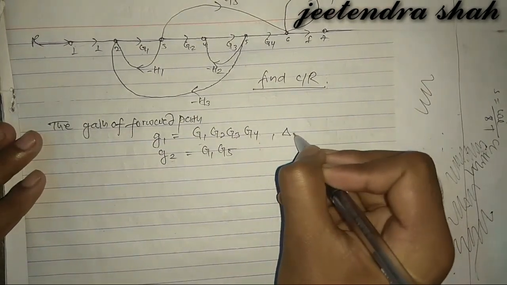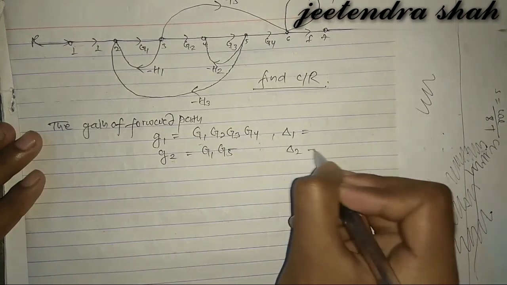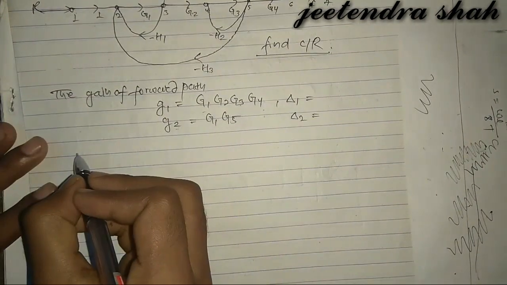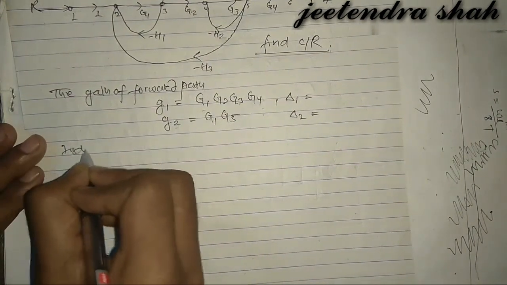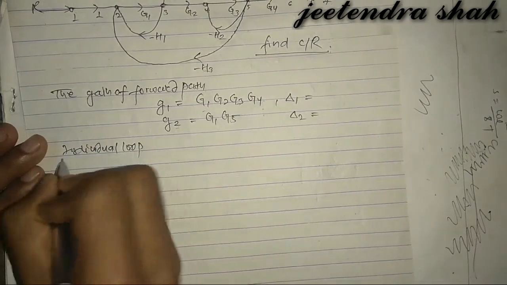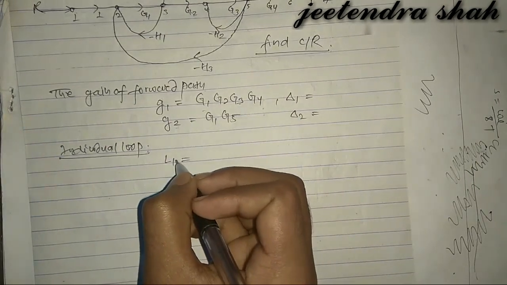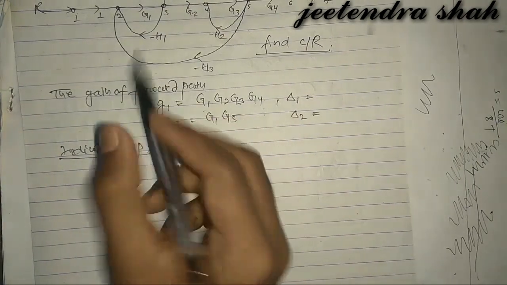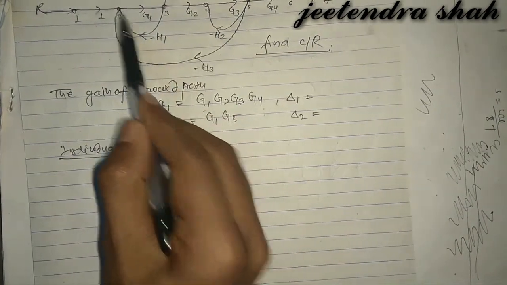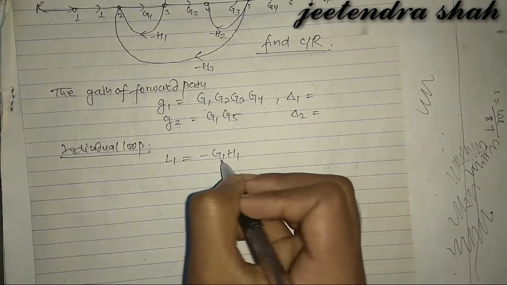And here we have del 1 and del 2. Now we have the individual loops. L1 is the loop with G1 and H1, so L1 equals minus G1 into H1.